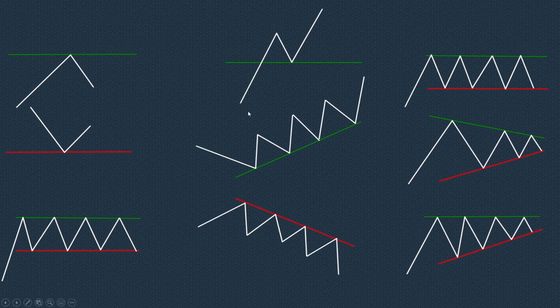The smooth level is when the support becomes the resistance, and vice versa. Here we see a picture where the price is rising and we're breaking through, probably there's going to be a flat or something like that.